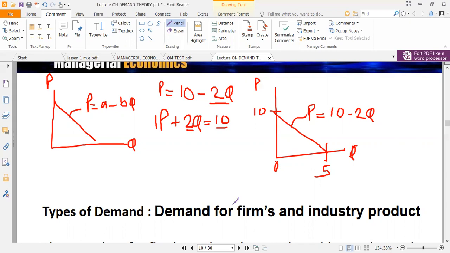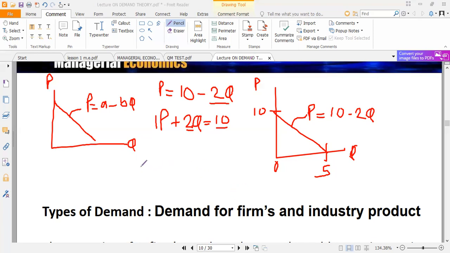So 1 is on the P. So divide 1. This is a 10 here. You have a 2, the intercept on the Q. 2 into 10, we get a 5. So that's how we draw the demand curve. So this is how we derive the demand equation.